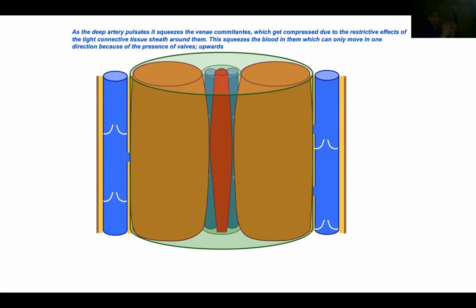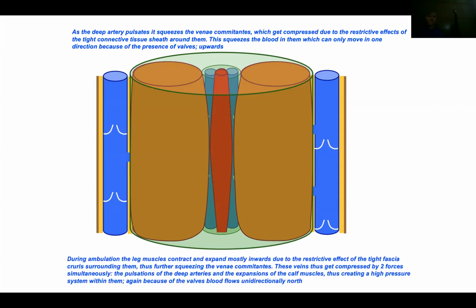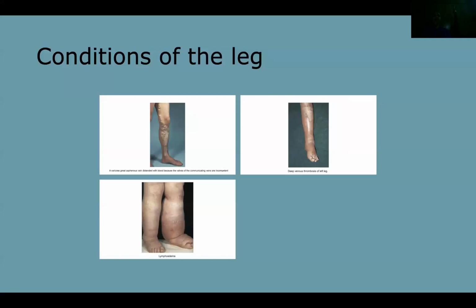This squeeze is created internally by the artery and externally by the skeletal muscle. The veins have been sandwiched, pushed in between. So when you push something, the blood is forced to go upwards. There are valves, so they don't allow this blood to fall down. Are we good? Now what happens? So blood is being forced to go upwards through these vena comitantes.